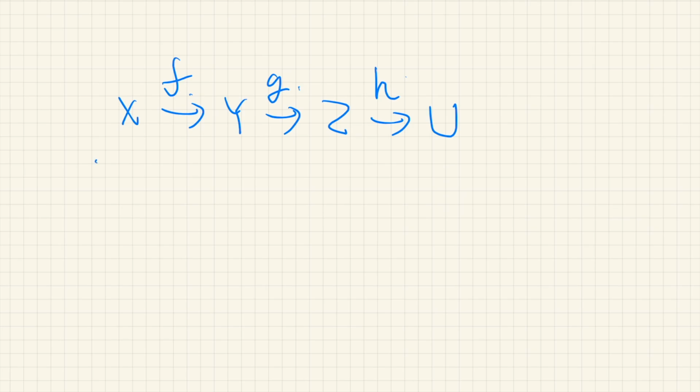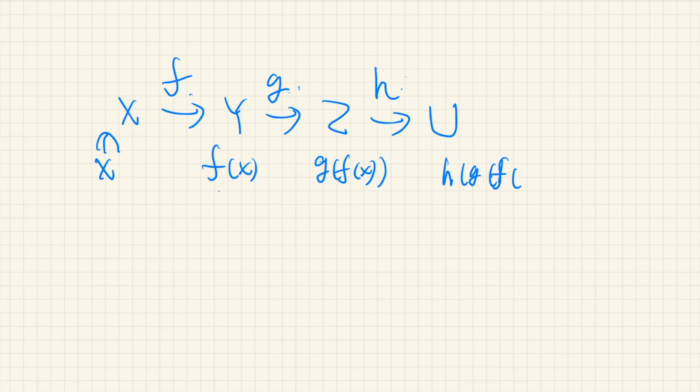So if we pick one element in X, then by applying f, we get f of x, and to which, if we apply g, then we have g of f of x, to which we apply the map h. Then we have h of g of f of x.